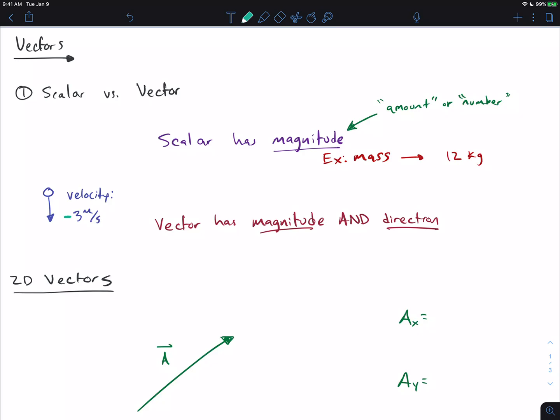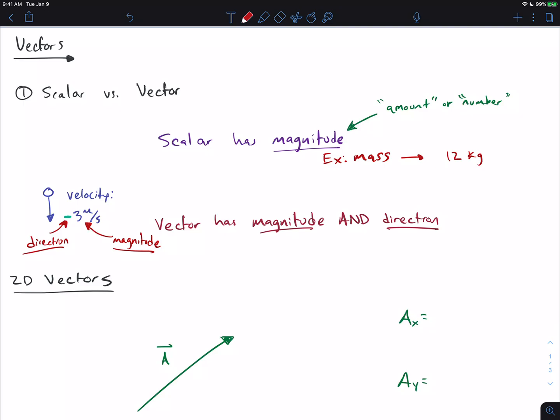Here, in the case of one-dimensional motion, I have two parts. This is the direction, and this part right here, the number, is the magnitude. Okay, so I need both of these parts in order to describe velocity, which is a vector.